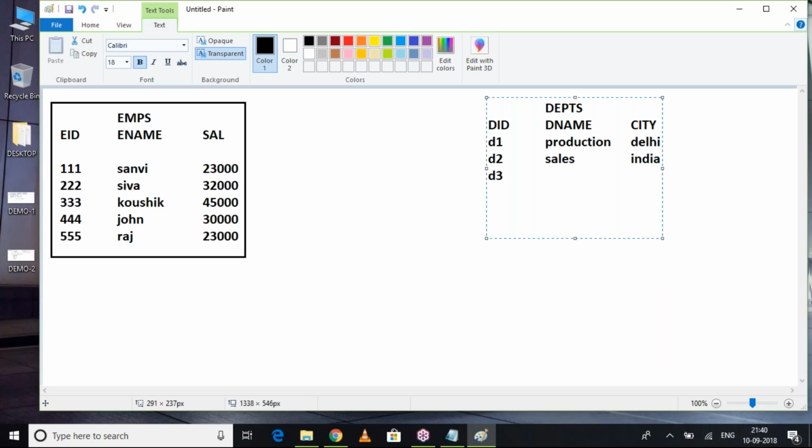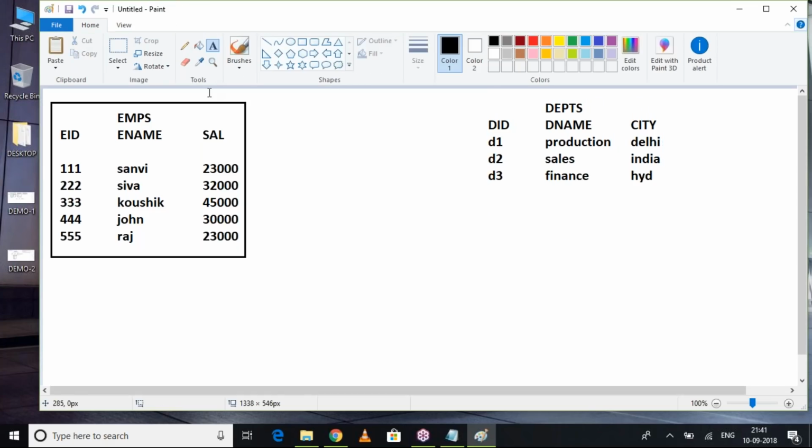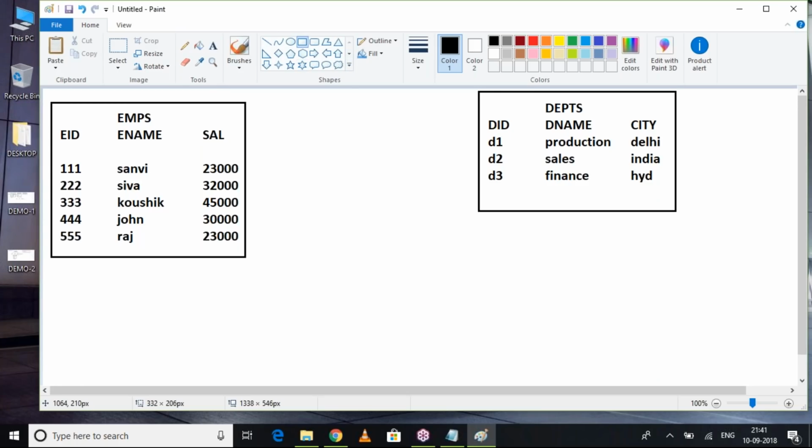And department 3, finance department, and it is located at HYD. This is departments' information. Employee data saved under EMPS, department data saved under DEPTS.